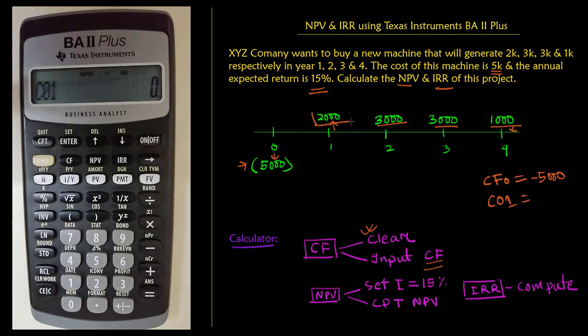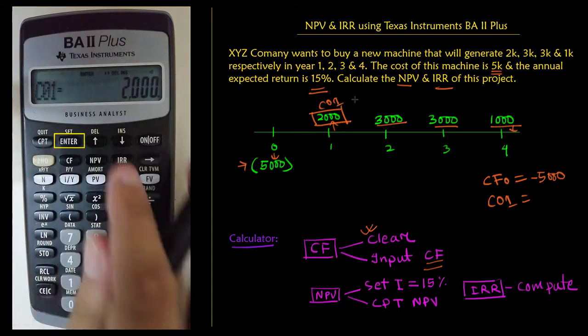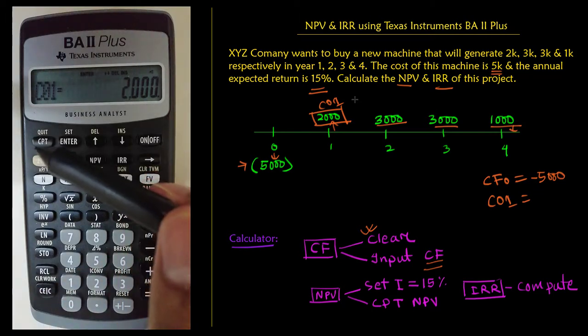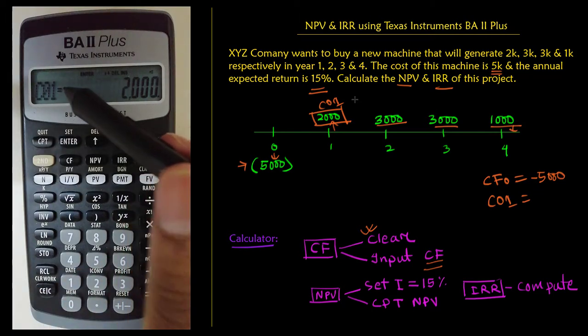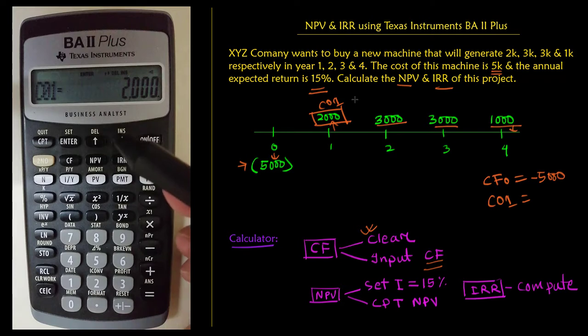So we have a positive cash flow at year 1. This is our C01. So give input for that, press enter, and after you press enter you will see that the equal sign shows up, and that means that now the cash flow at 1 is set to 2,000.